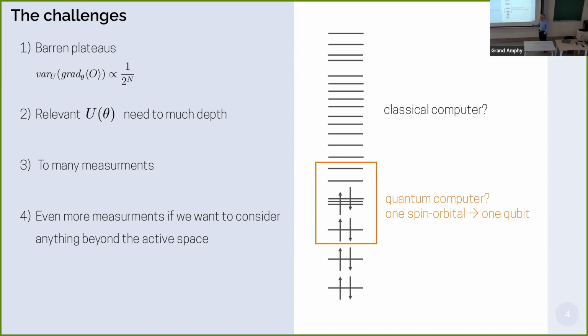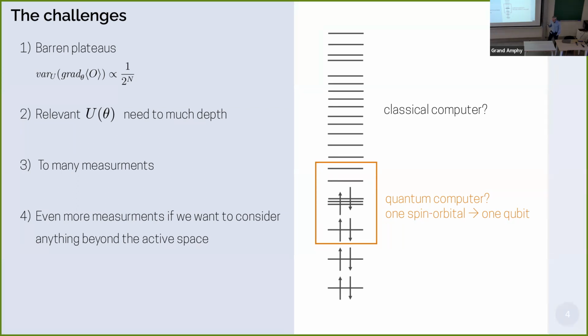Let's start with one. This is the most fundamental, and it's called the barren plateau problem: if you try to minimize such an operator average, often the time you need scales exponentially in the number of qubits.